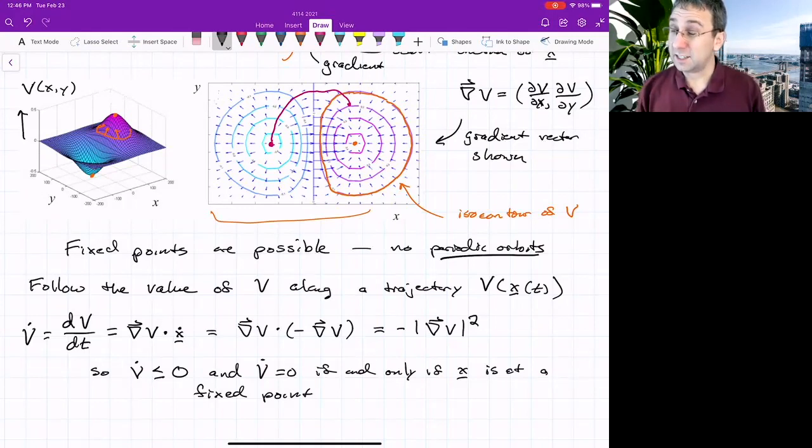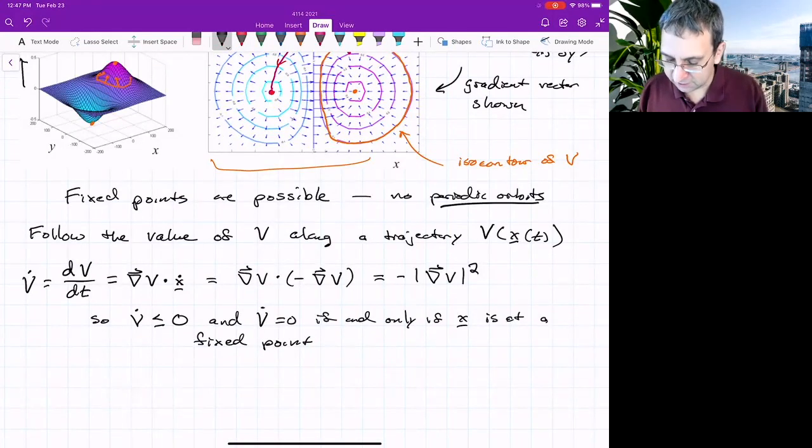I think it'll be an unstable node. And then this bottom point of the well, what it's heading towards, is a stable node. So everything's coming in. But you could also have saddles. So if I plotted a saddle surface, you could get that. Stable and unstable fixed points, but no periodic orbits are possible if you have a gradient system.